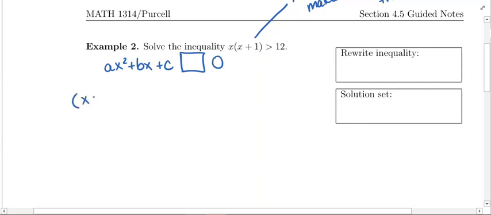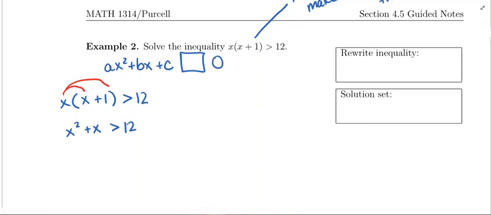Here we go. We've got x times x plus 1 is greater than 12. I am going to multiply everything out, so I'm going to distribute the x to the x and to the 1. We end up with x squared plus x is greater than 12. The other thing we want to do is make sure one side is 0.